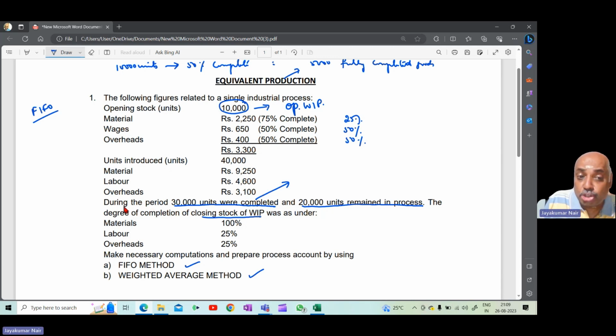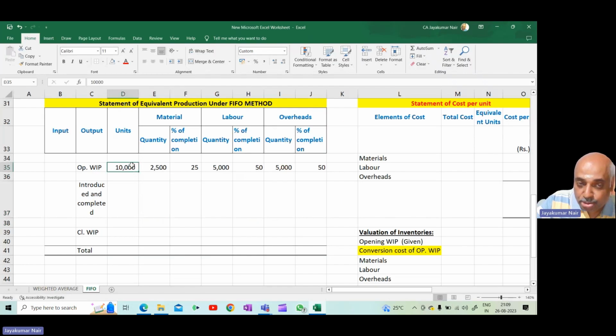Do you understand? So here they are saying during the period 30,000 units were completed. So the 10,000, we will process it and complete it. And the balance 20,000, because total units completed is 30,000. So 10 plus 20 will become 30. These 20,000 are the units which are introduced in this accounting period and also processed and completed.